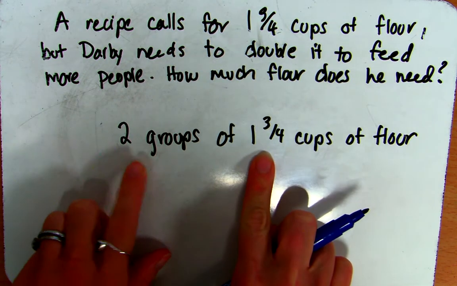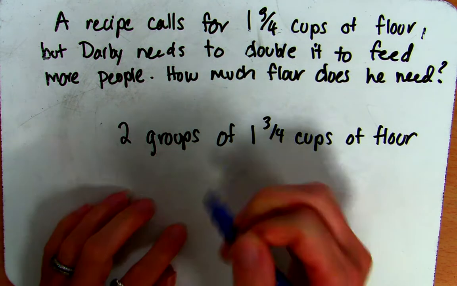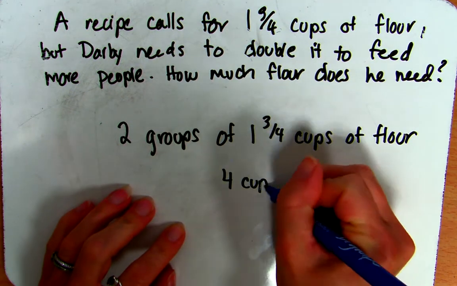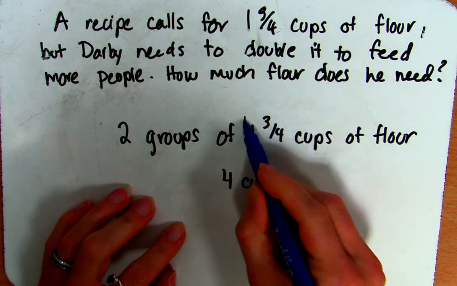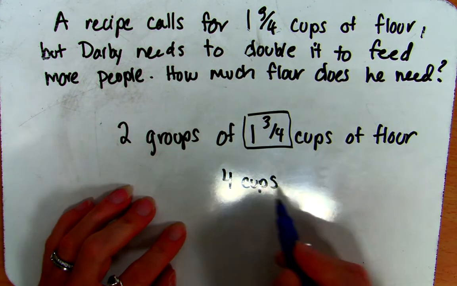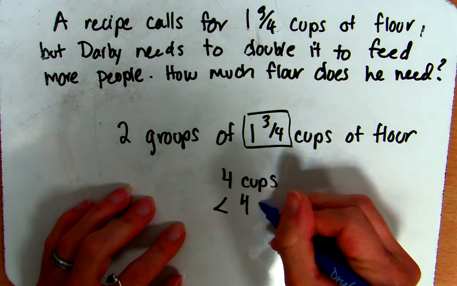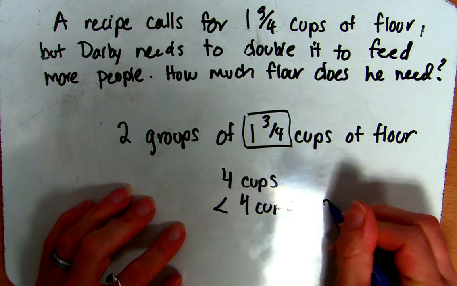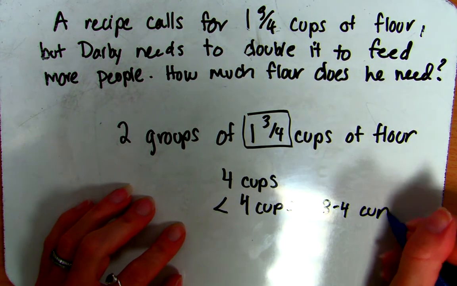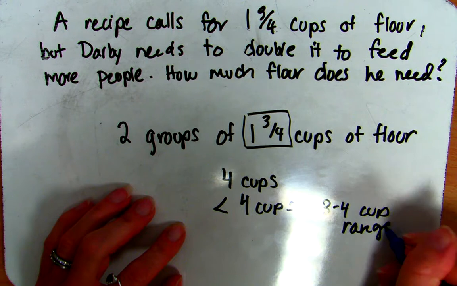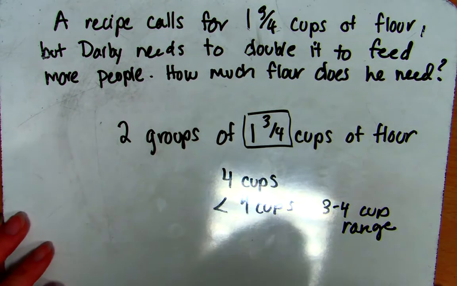So essentially he needs 2 groups of 2 cups, which would be 4 cups. But we know, because this isn't quite 2 cups, that our answer should be slightly less than 4 cups. So we're probably looking in the 3 to 4 cup range. So that's a good estimate. Might be a little lower, we'll have to wait and see.